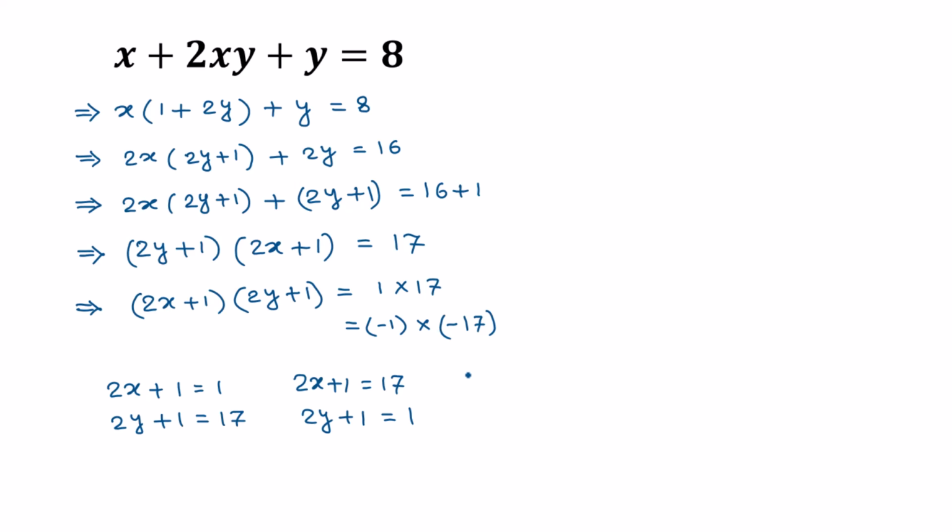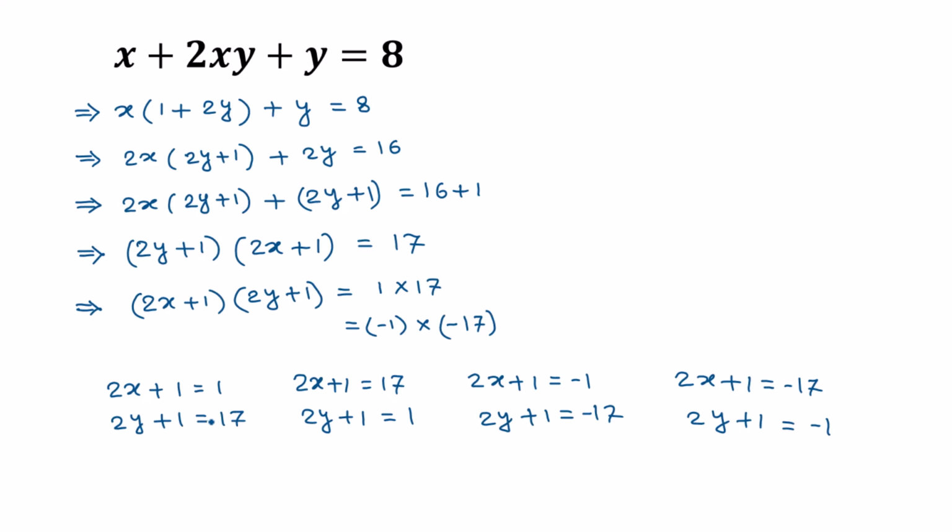Similarly, 2x + 1 can be negative 17 and 2y + 1 can be negative 1.